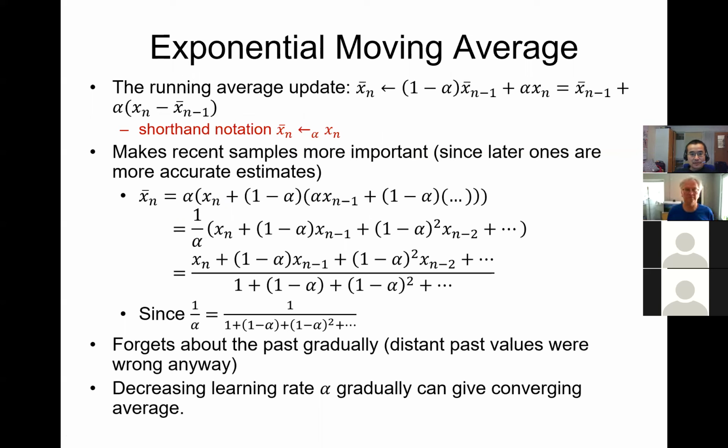You can define a weighting factor alpha, and every time a new measurement comes in, you weight it by alpha, and the old value by 1 minus alpha. Or you can rewrite it in this form. A shorthand notation is simply to update the running average with a new value based on weight alpha.